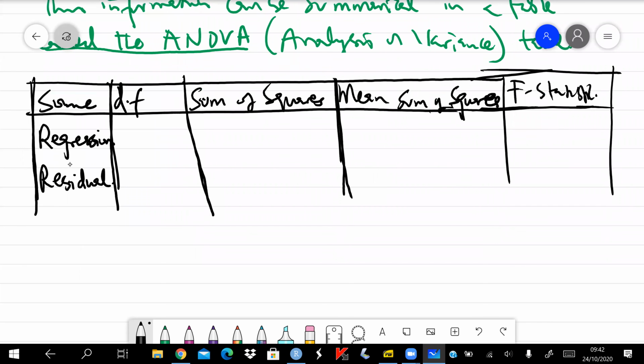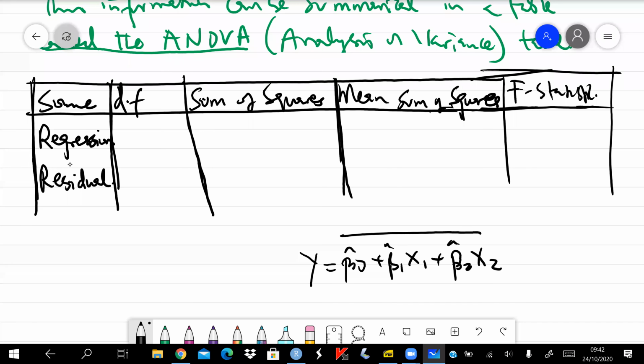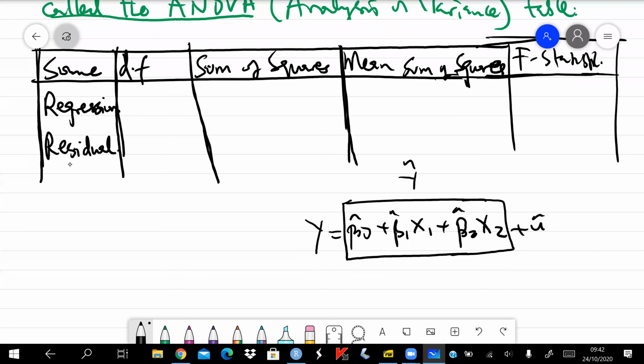I want us to have an equation like this in mind. In the case of multiple regression, let's have beta naught estimate plus beta 1 estimate x1 plus beta 2 estimate x2. So there are 2 sources of variation here. This part gives us the y hat, so this is the regression part.